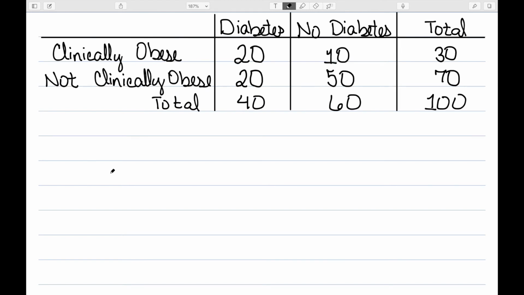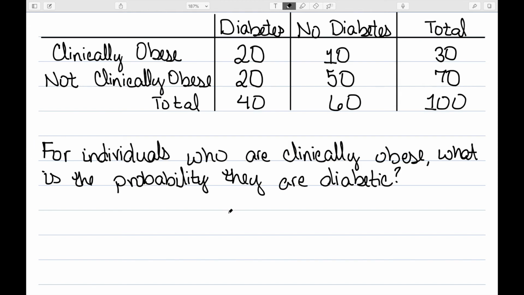Let's look at our table and see if we can find some of these conditional probabilities. As an example of what this may look like, for individuals who are clinically obese, what is the probability they are diabetic? So we do have a condition. We are in particular looking at individuals who are clinically obese.